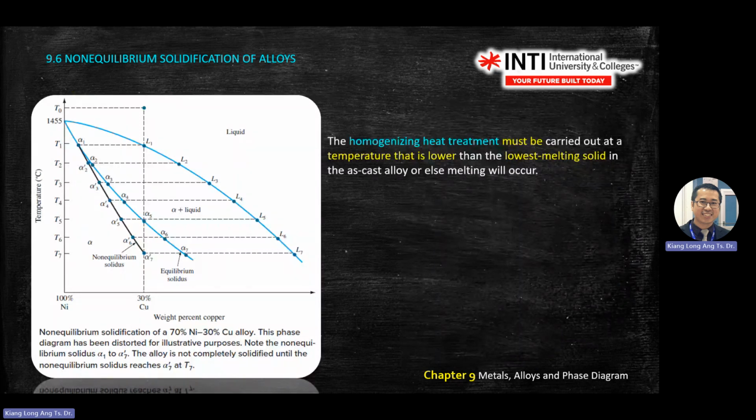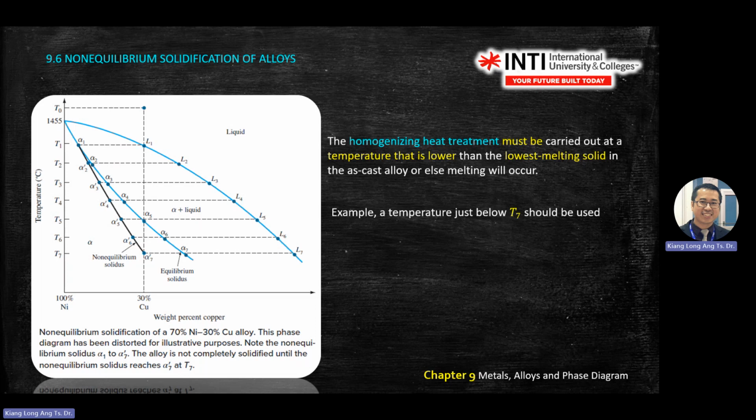Back to the homogenization, or homogenizing, the heat treatment must be carried out at a temperature that is lower than the lowest melting solid in the cast, or else melting will occur. So this one is just saying that if you do this process, the temperature is below the melting temperature, in layman's terms.